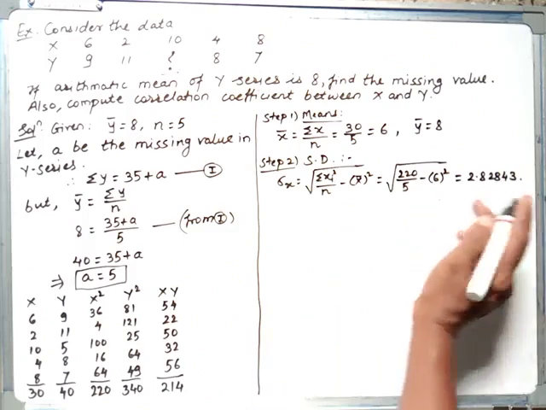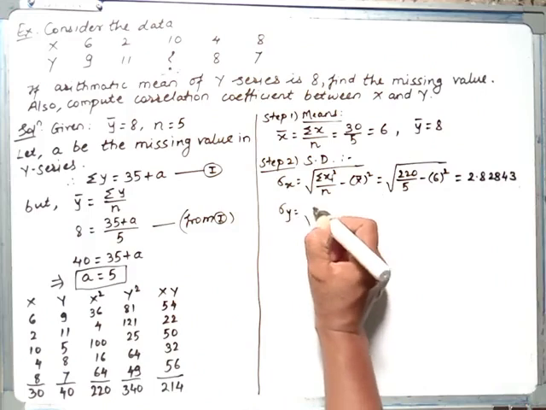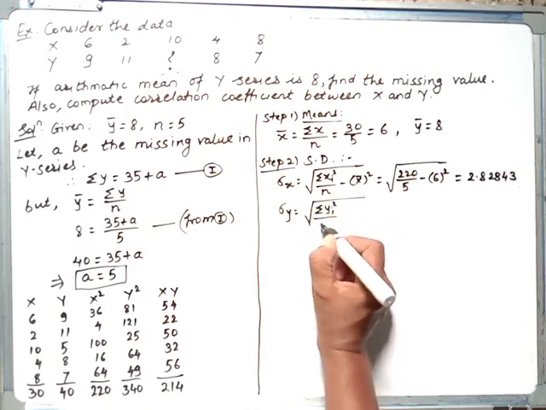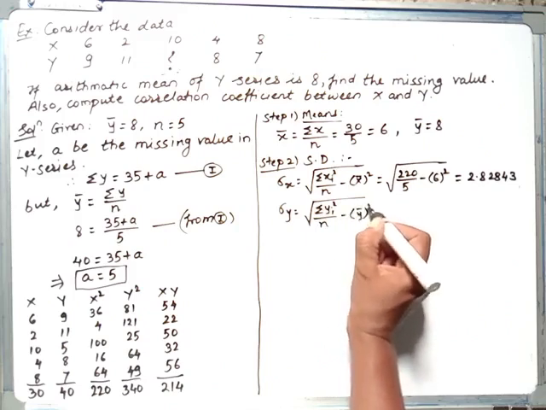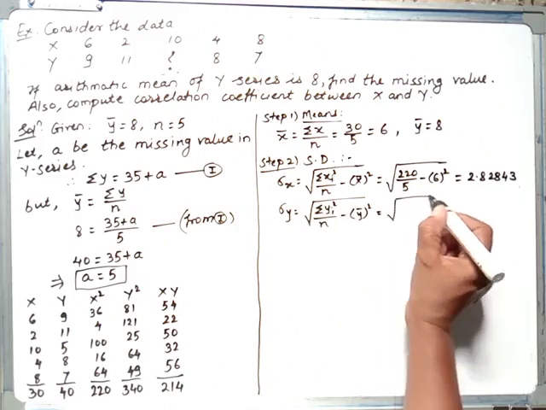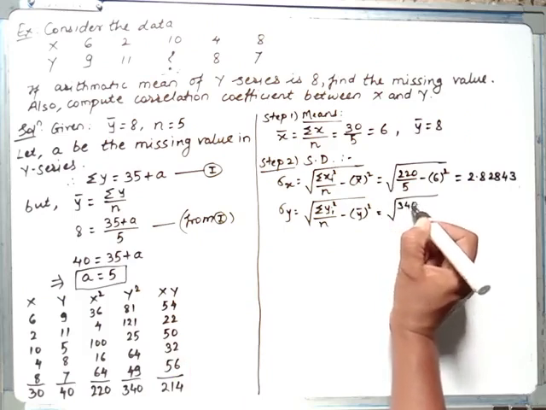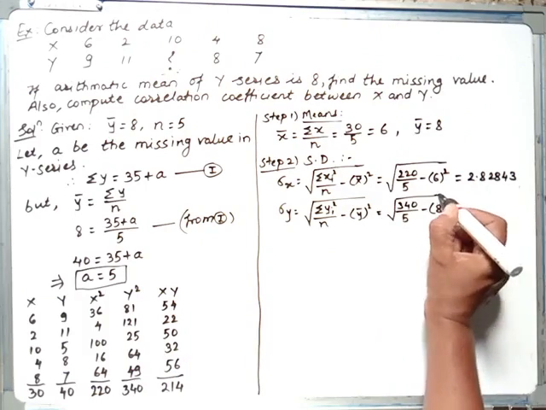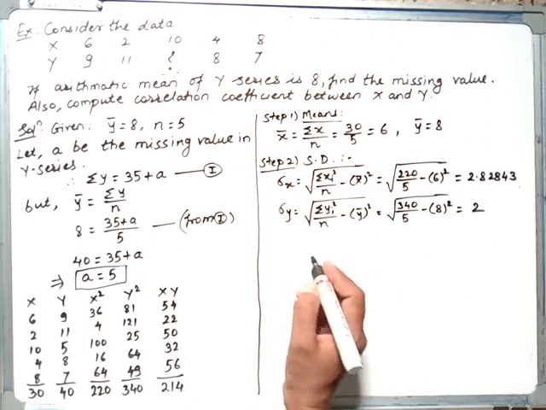Now sigma y is the root of summation y square upon n minus y bar square. So this is the root of 340 upon 5 minus y bar, which is 8, its square. This simplification is 2. You can check that.